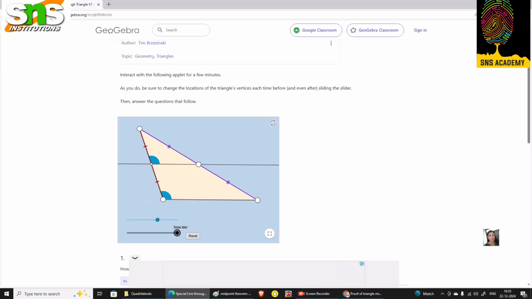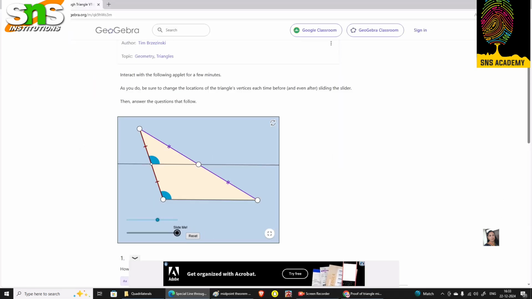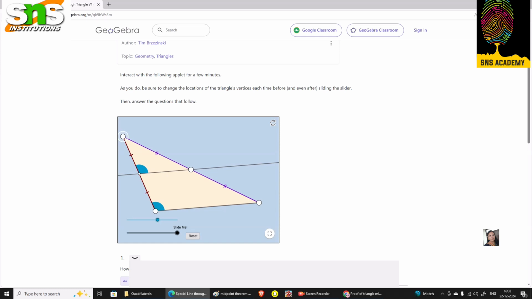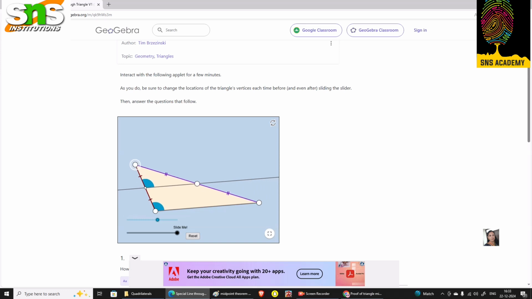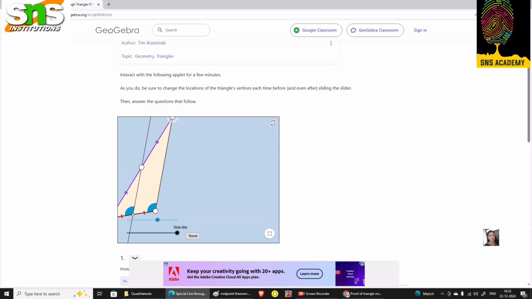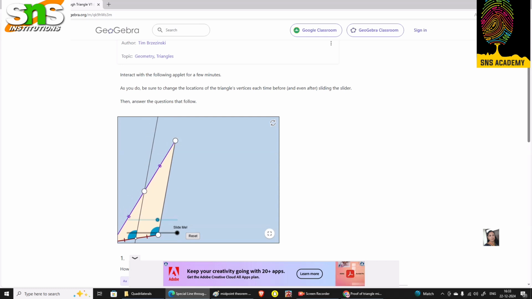Okay. Let's try some more measurements with the same thing. Now I'm changing the measurements. See, when I'm changing the triangle, the angles are also changing, but the angles are equal to each other. Shall we check what will happen?